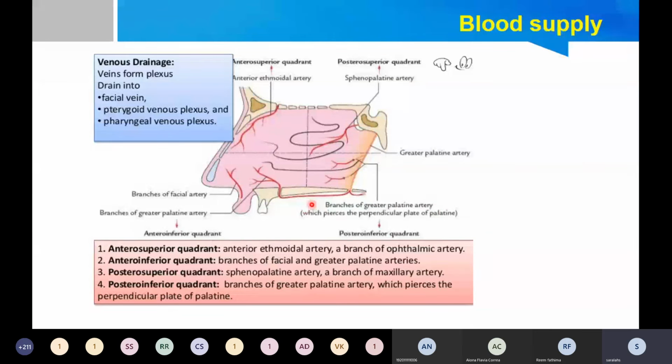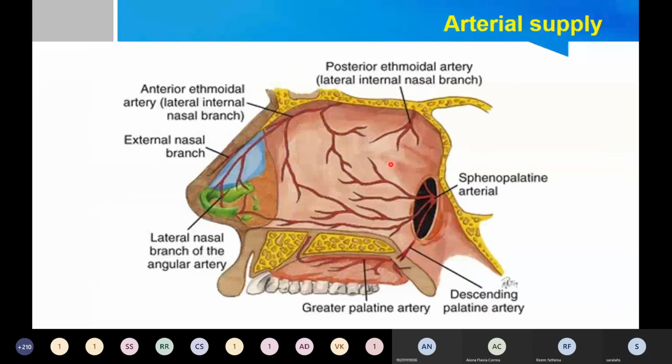Greater palatine also gives few branches to the antero-inferior part also. So antero-inferior quadrant is supplied by branch from the facial artery and the greater palatine. Then antero-superior is from anterior ethmoidal, more or less similar to the medial wall or the septum of the nose. You can remember there are few more branches, that's all.